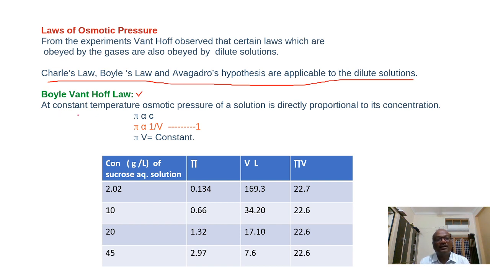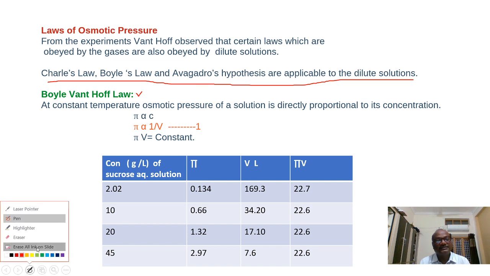According to this law, at constant temperature, the osmotic pressure of a solution is directly proportional to its concentration. Pi is directly proportional to C, where pi is the osmotic pressure and C is the concentration. We know that as the concentration increases, osmotic pressure also increases.